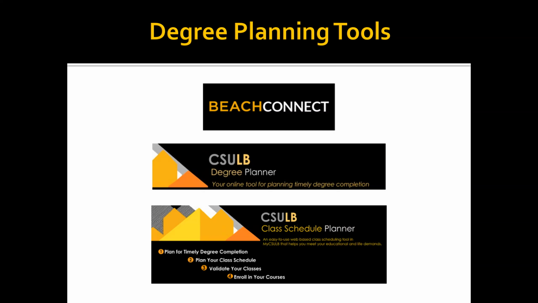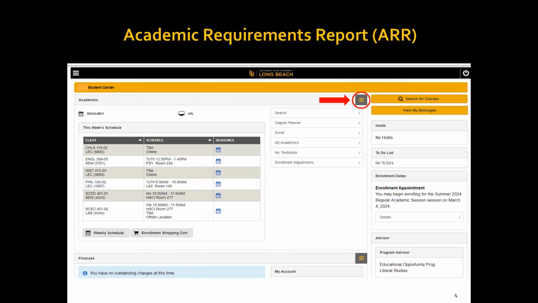So you don't have to worry about whether this class is Monday, Wednesday, and this class is Tuesday, Thursday at certain times. The class schedule planner does that for you. If you're not sure how to use any of these degree planning tools, just Google CSULB degree planner or CSULB class schedule planner, and those will give you helpful guides on how to use these tools.